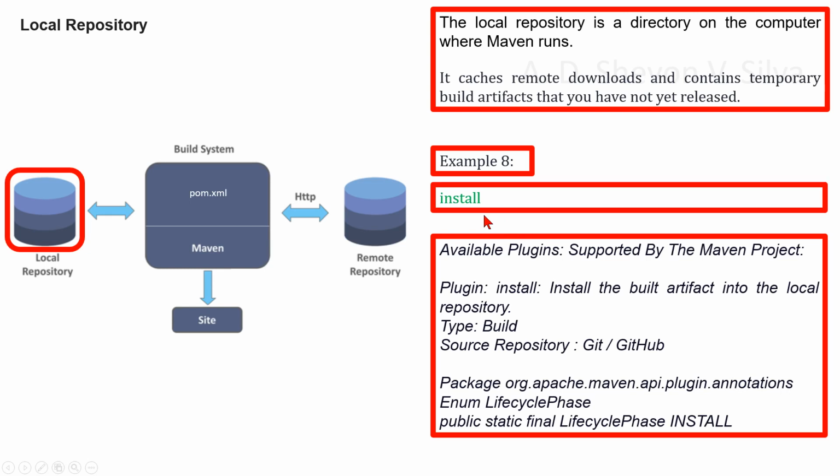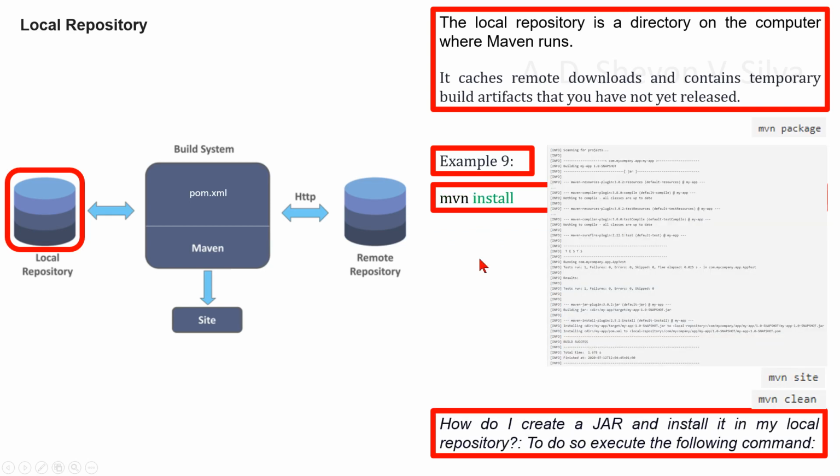This is type build, and source repository is git/github. With regard to API, we can consider the field public static final LifecyclePhase INSTALL in enum LifecyclePhase in package org.apache.maven.api.plugin.annotations.